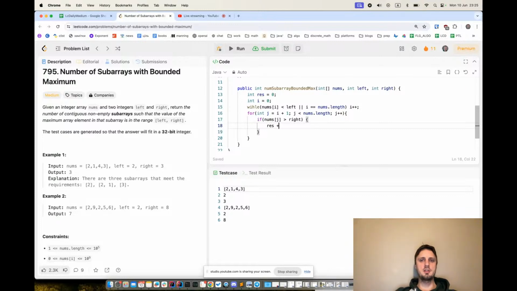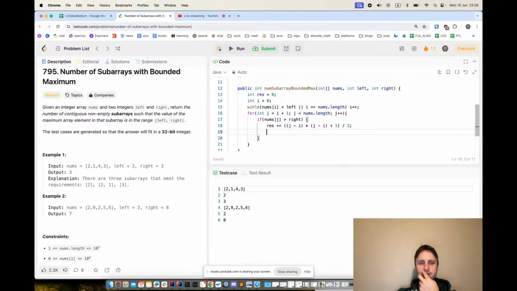So I can add to my result the number of elements: j minus i, plus 1, times j minus i, and divide by 2. Okay.